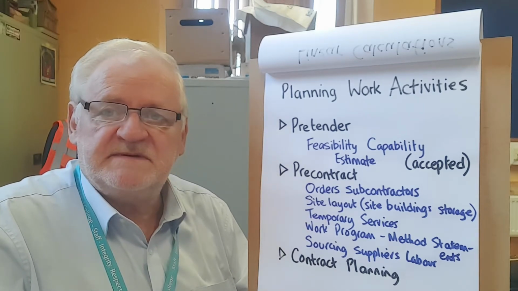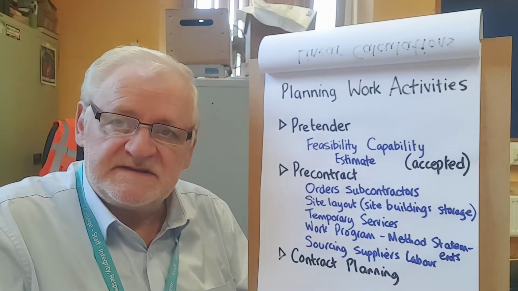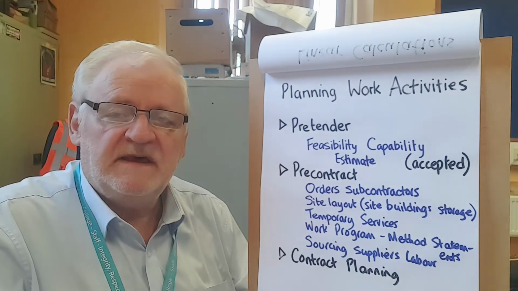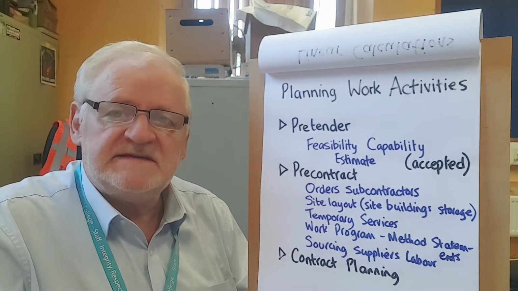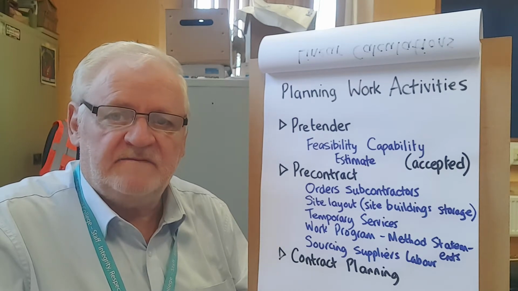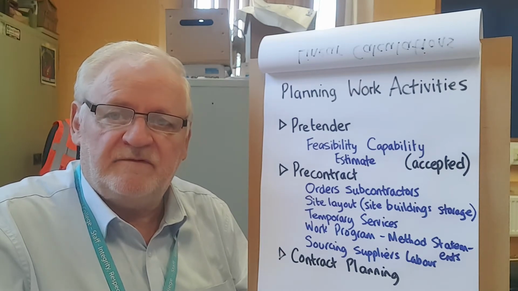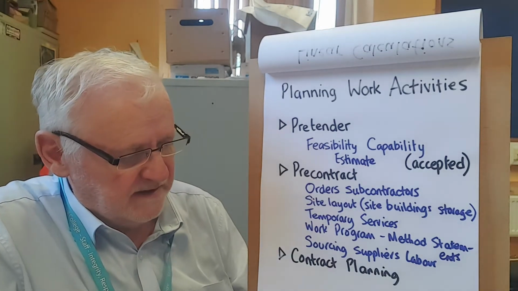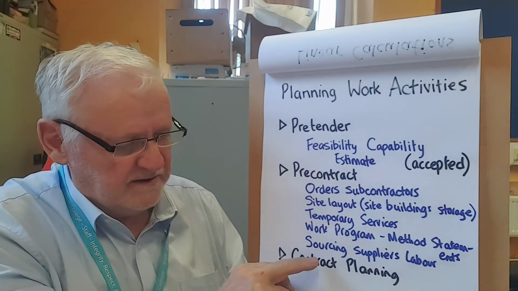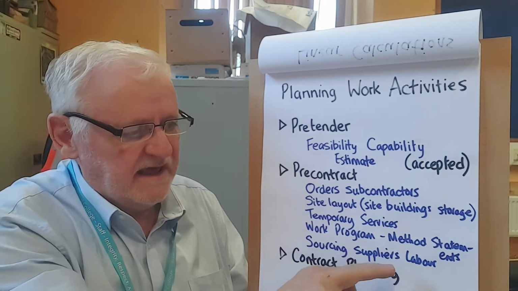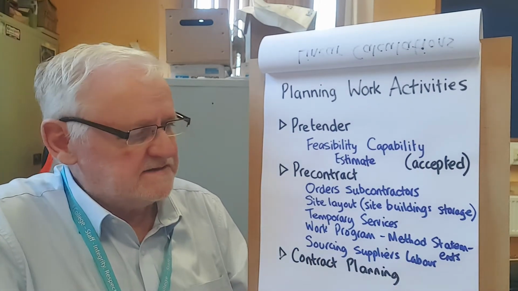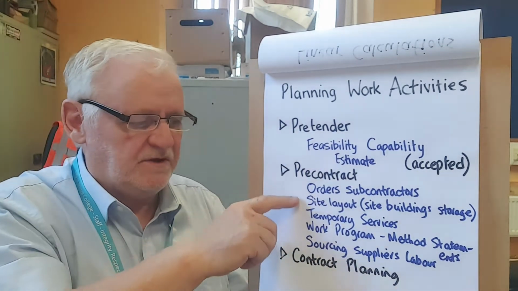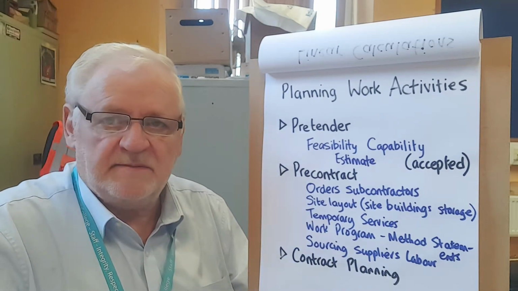The risk assessment is an assessment of the risks for every operation, and the method statement is a means of working that will automatically fulfill the requirements of the risk assessment. And then lastly, there will be the sourcing of suppliers and labor to enable us to carry out this work. This is before the contract is established.